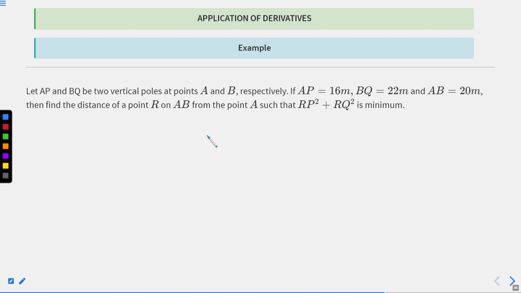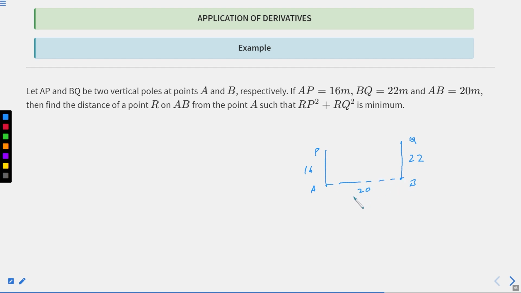This example says, let AP and BQ be two vertical poles at points A and B. AP is 16, BQ is 22, and AB, if you join them, is 20.